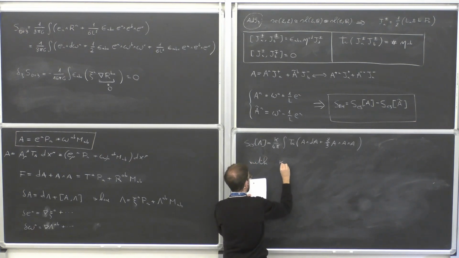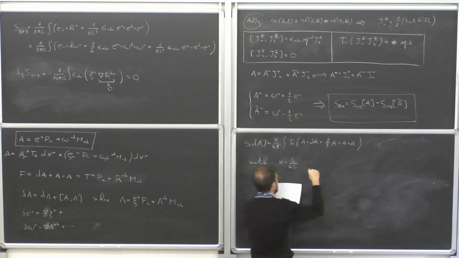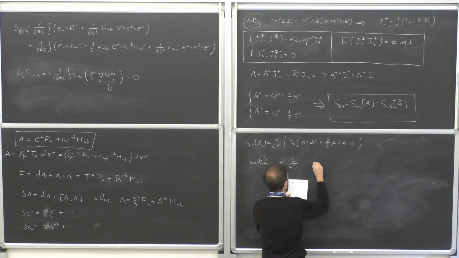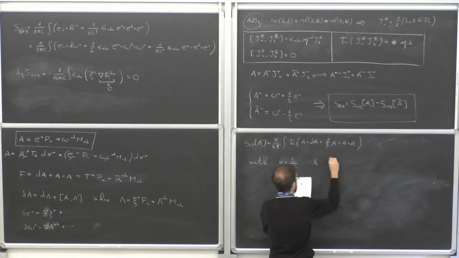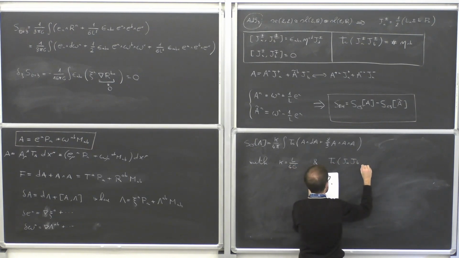The first is that K will be just L divided by 4G. And then you see 4 by 4 is the 16, so that is not a surprise. And the other information is that here, eventually I rescaled things in such a way in this form.